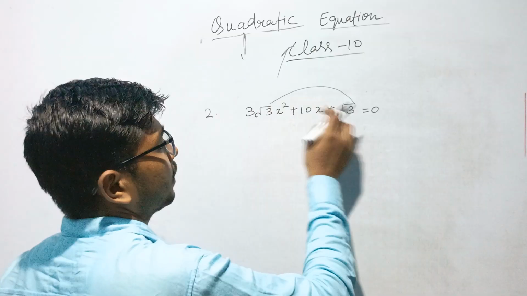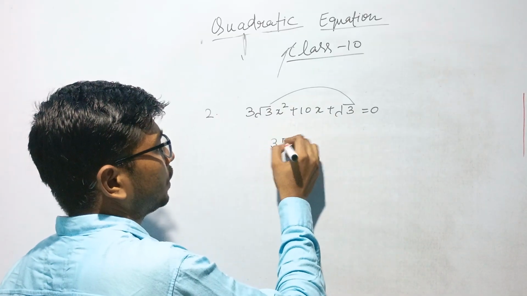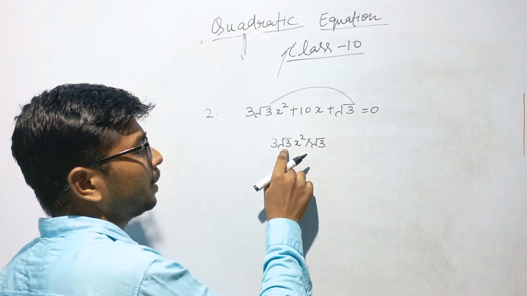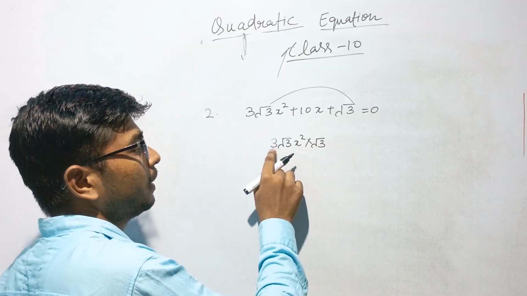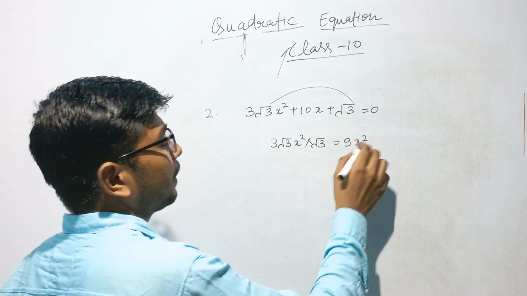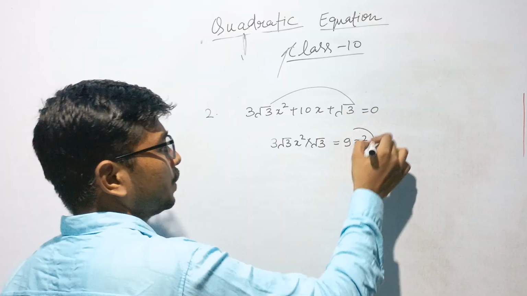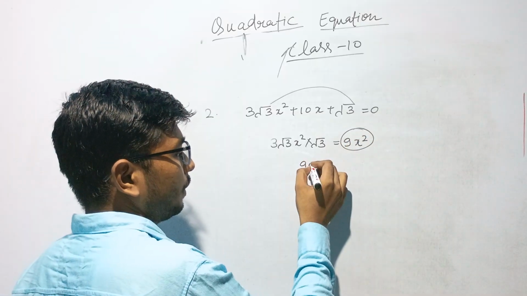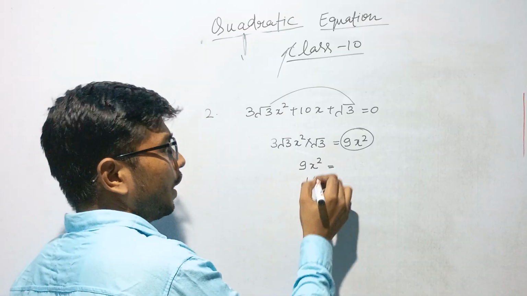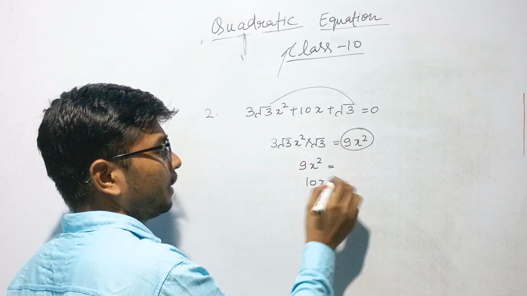So just multiply first. 3 root 3 x square into root 3. Root 3 into root 3 will be 3, and 3 into 3 is 9x square. So we got 9x square, our final product, and the middle term is 10x.